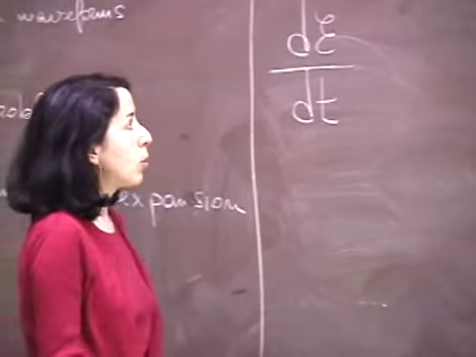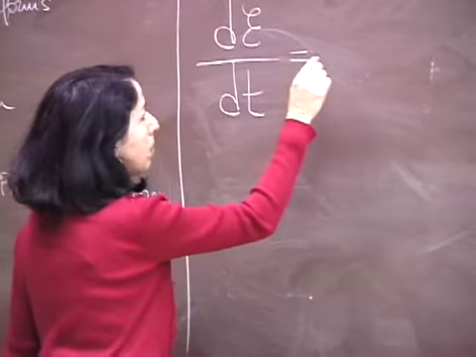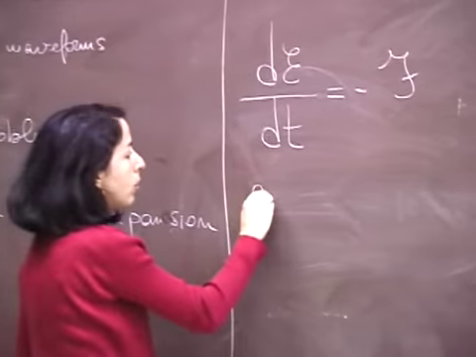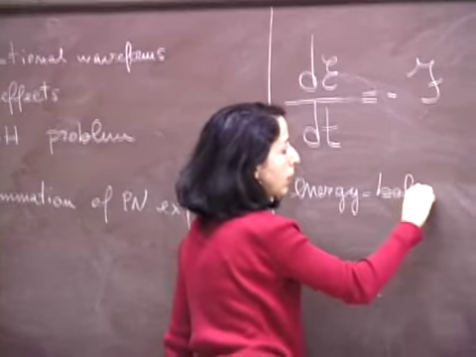Generally, to get the waveform, people start from the so-called energy balance equation, that is this equation here.